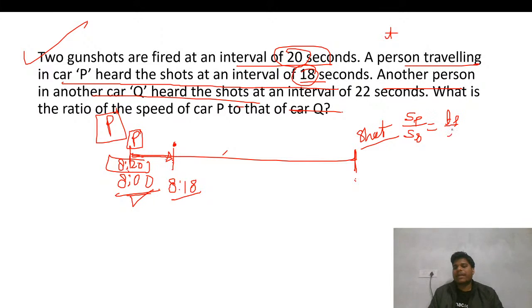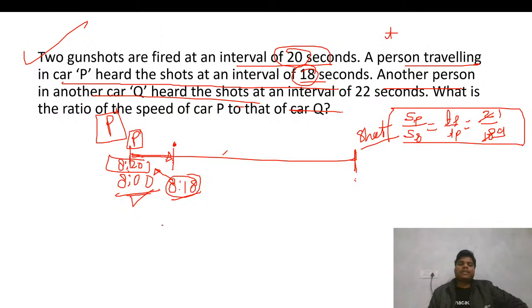So time S, time P. So sound will take 2 minutes. At 18 sound is here and at 20, so sound is taking 2 minutes, whereas P car is taking 18 minutes. So this is the ratio, 1:9.